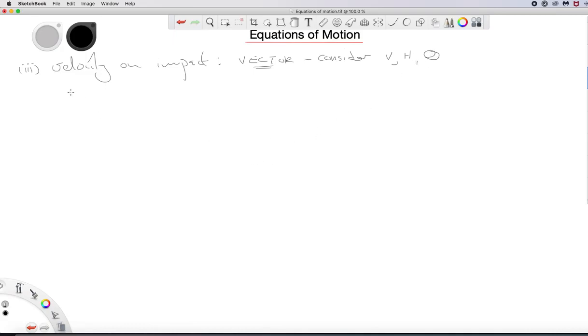So, horizontal velocity, well, that is 10 meters per second, it always was. There's no acceleration horizontally. The vertical velocity is u plus at, of course, which is 0 plus 9.81 times 4.5.